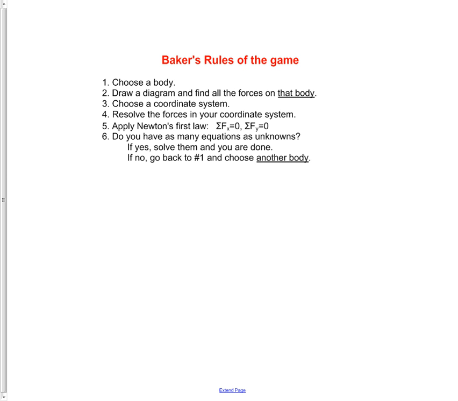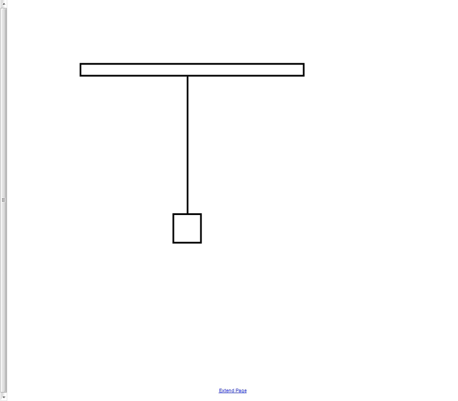Choose a body. I choose the coffee cup. Draw a diagram. Well, most of it's drawn. I'll draw now the forces on it. There is the force of the weight of the coffee cup. So here's W. That's equal to 1 pound.